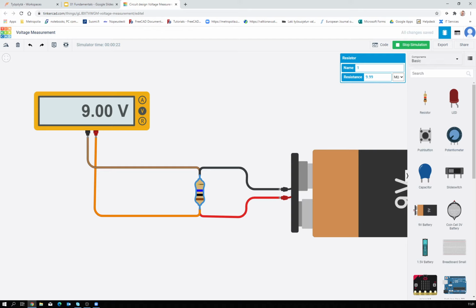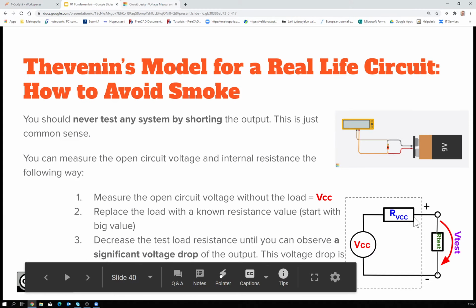Changing these values to kilo ohms, it's still the full 9, but when we get into the ohm range, we notice a significant drop. Actually, that's due to the internal resistance.